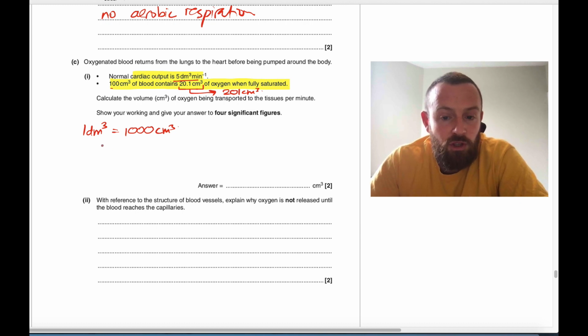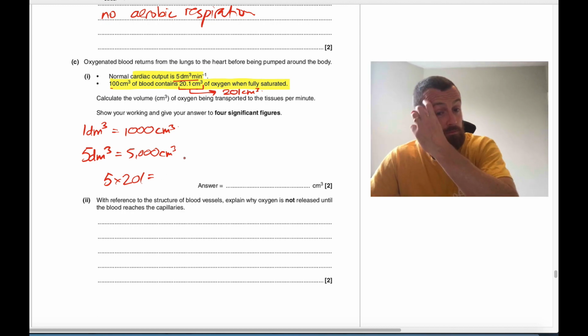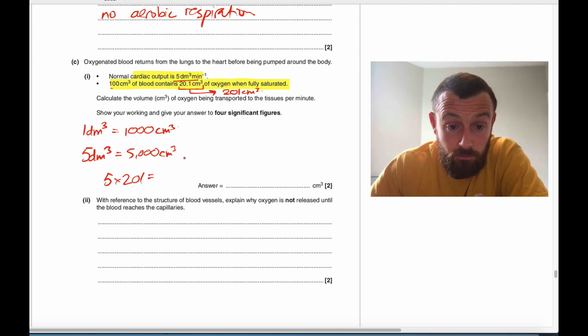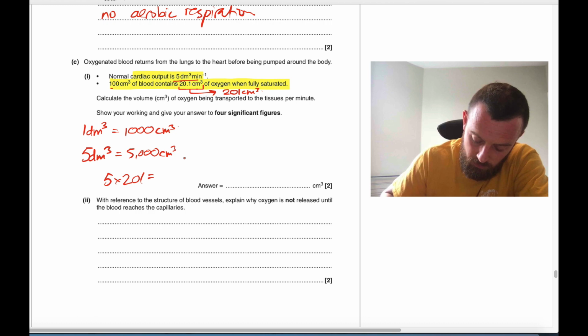But 5 dm³ per minute is 5,000 cm³ per minute. So basically 5 times 201 equals what's that? Sorry, calculator, come on.